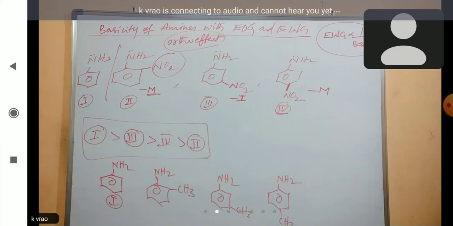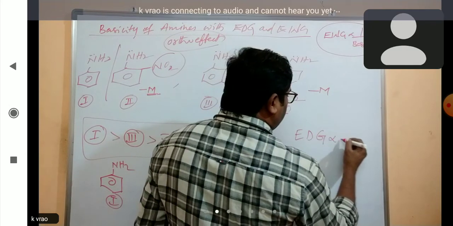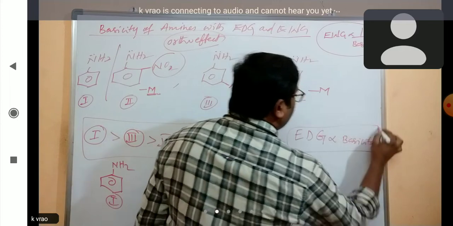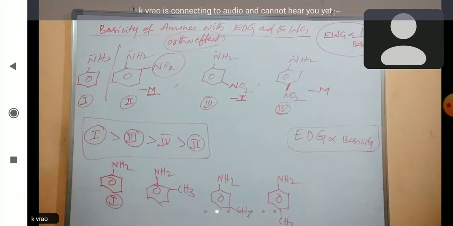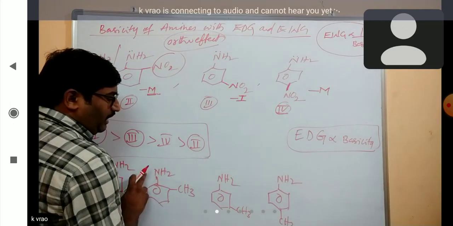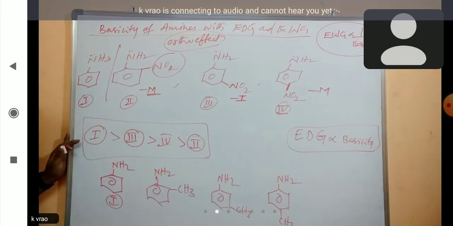We know an electron donating group is directly proportional to basicity because electron density increases on the nitrogen. So aniline, ortho-methyl aniline, meta-methyl aniline and para-methyl aniline.